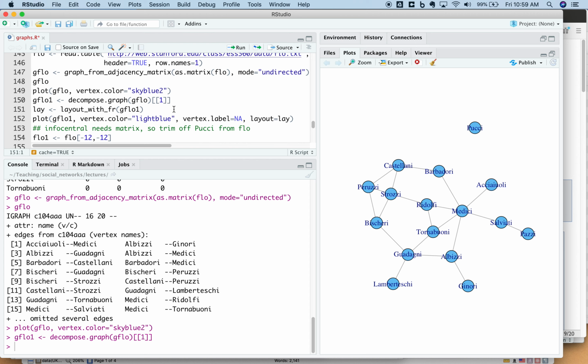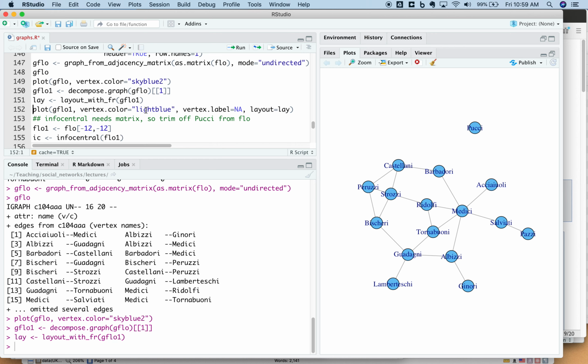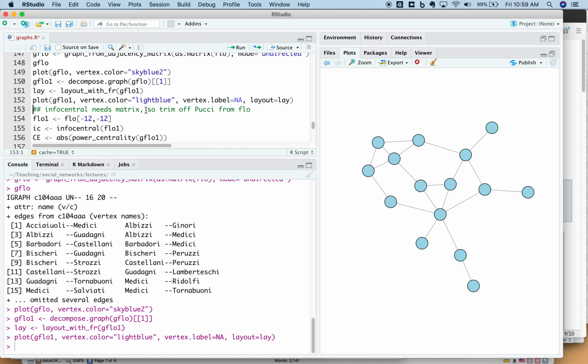Okay, and let's have a standard layout. So we'll do a layout with Fruchterman-Reingold that we can refer to later on. We will now replot our decomposed graph. We'll take away the names because they get a little busy.